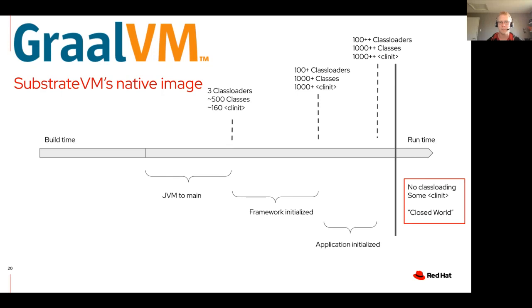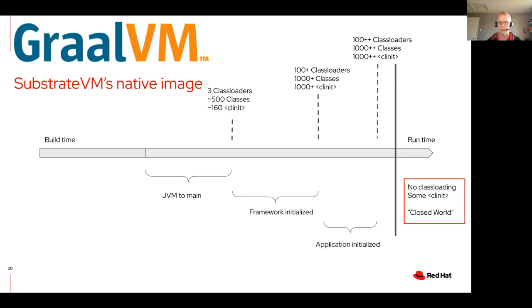And what's generated out of this is all of the compiled code for all of the methods that are actually used, a copy of the Java heap, sort of an initial heap, and just enough of the metadata to support the pieces that your application needs. And what you get out is this single executable, this native image, that you can then use to run your application. And so we've moved all this work that previously happened at runtime into build time.